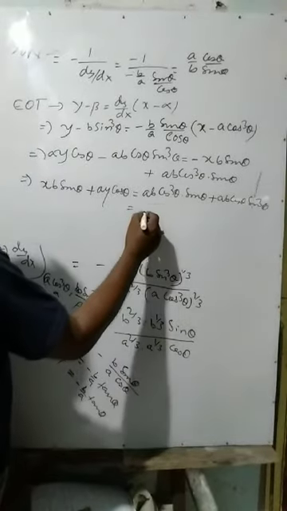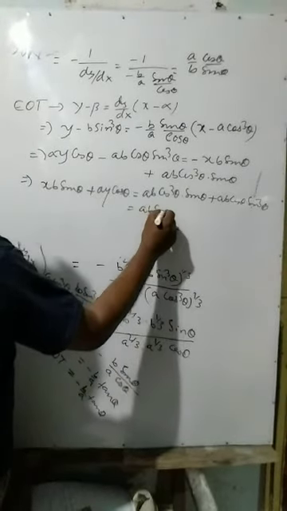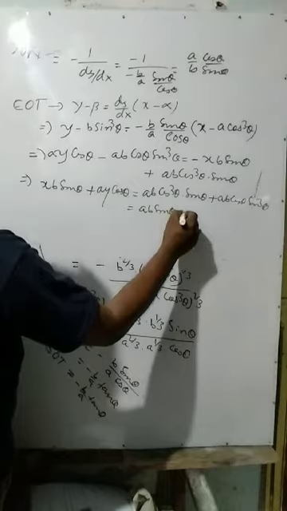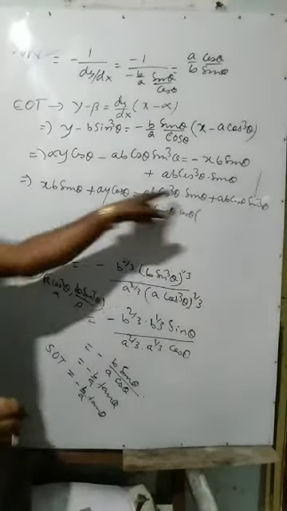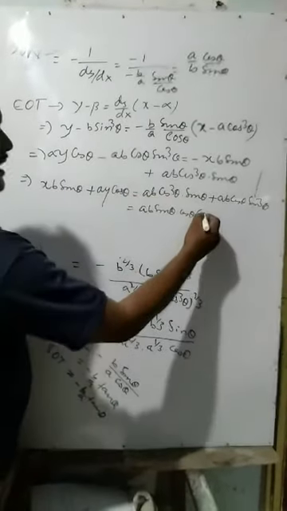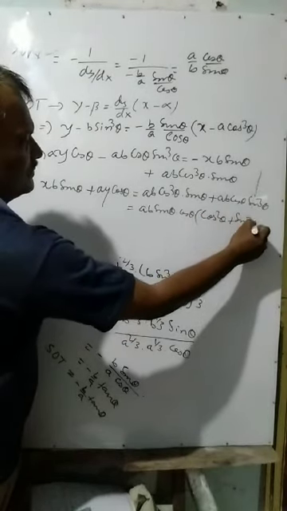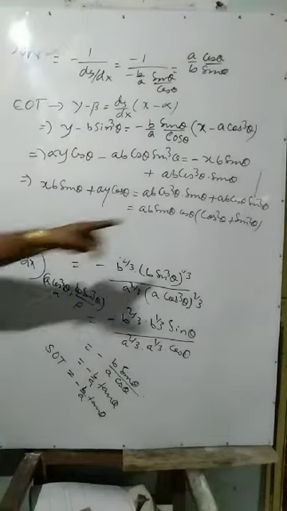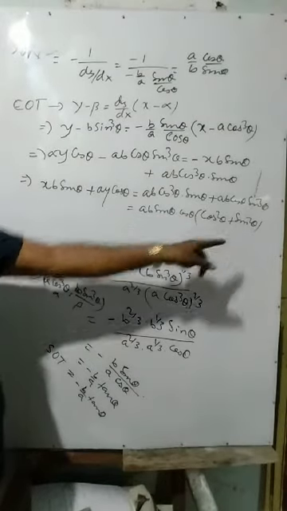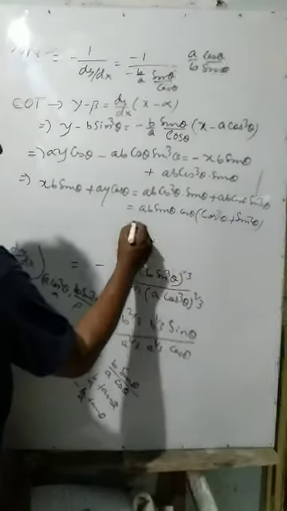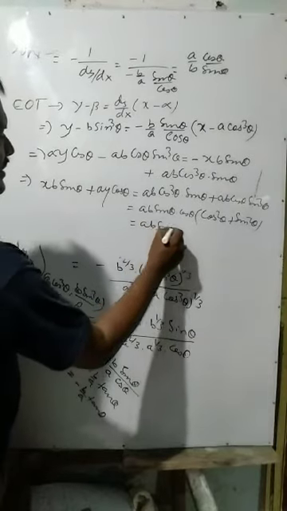Which one is common in between them? ab sin theta cos theta is common. Here cos square theta plus sin square theta equal to 1, you know. So instead of that, here it is ab sin theta cos theta.